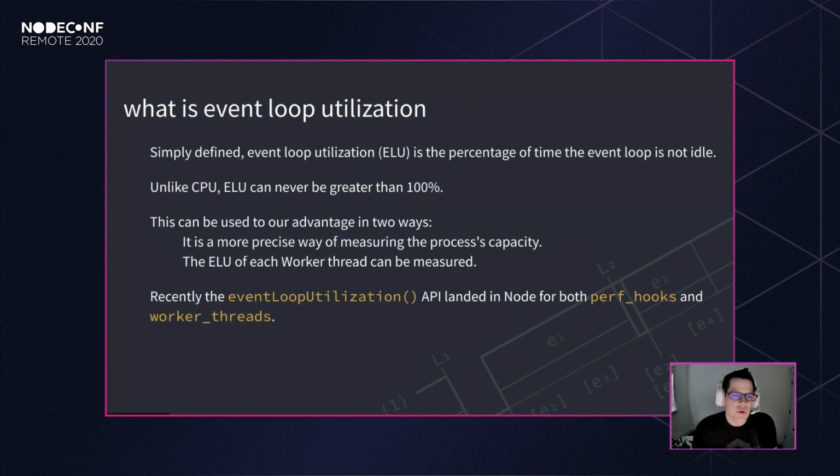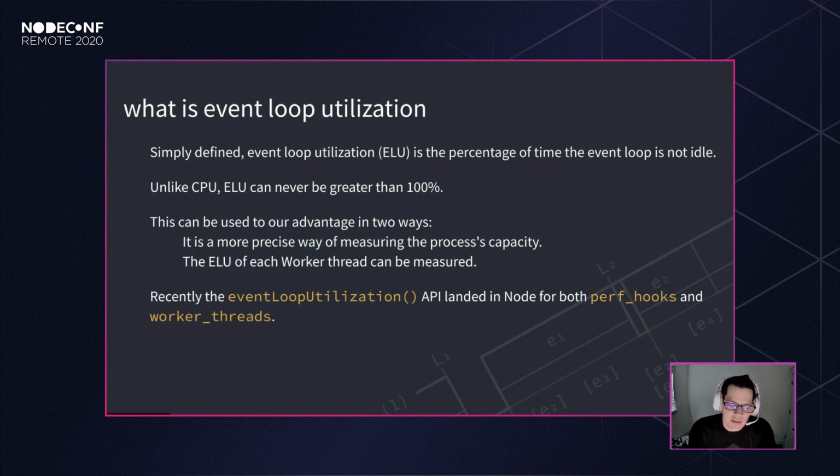Now, onto what is event loop utilization. Well, simply defined, it is the percentage of time the event loop is not idle. And unlike CPU, the event loop utilization, or ELU, can never be greater than 100%. The ELU can be used to our advantage in two ways specifically.